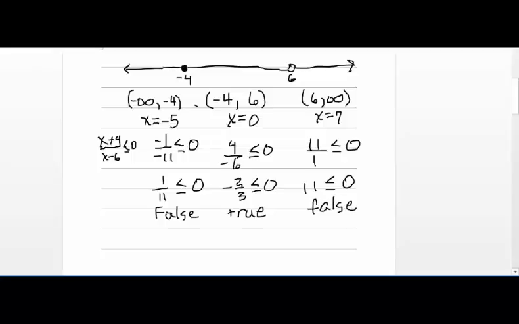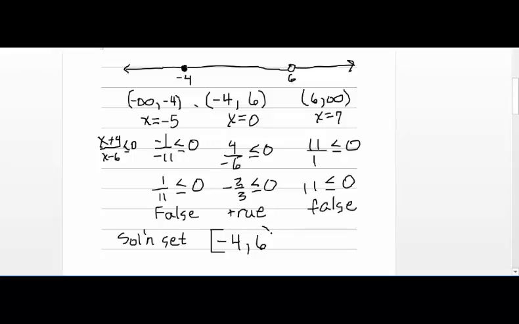So the solution set to this inequality is all of the numbers between negative 4 and 6. We know negative 4 is included in the solution set because negative 4 makes the inequality true. That's why we have that solid circle on the number line.